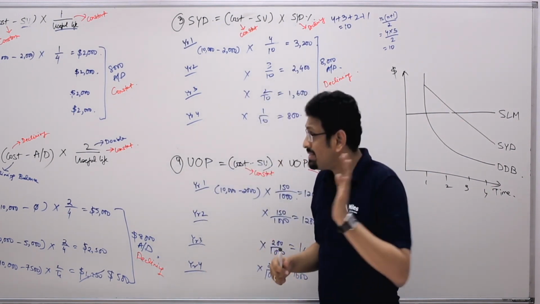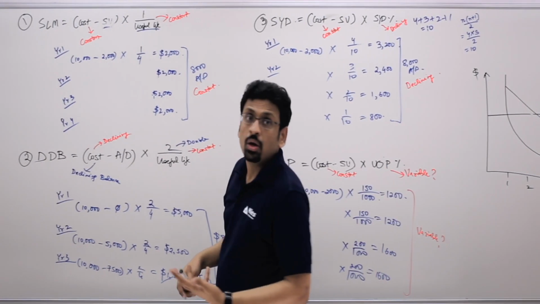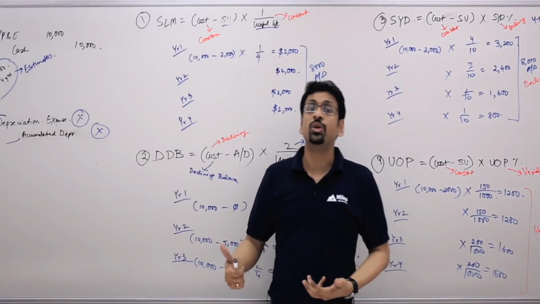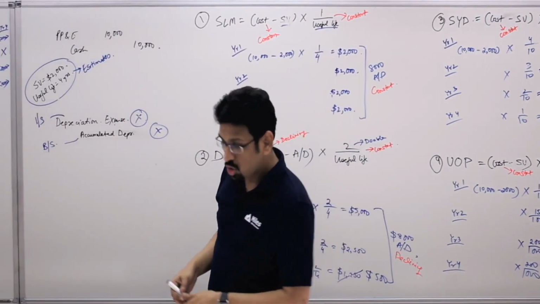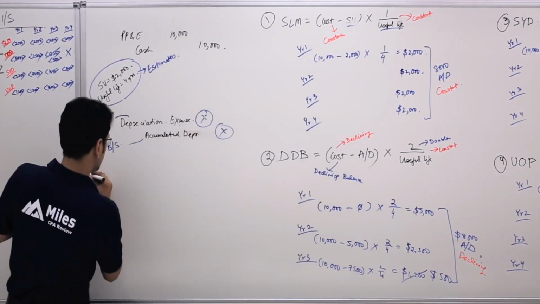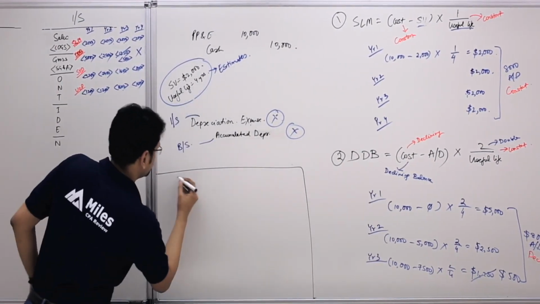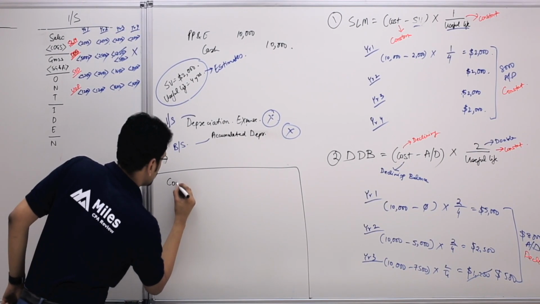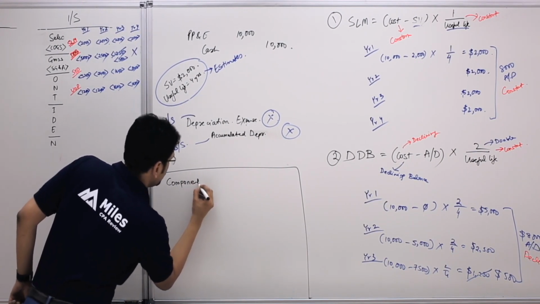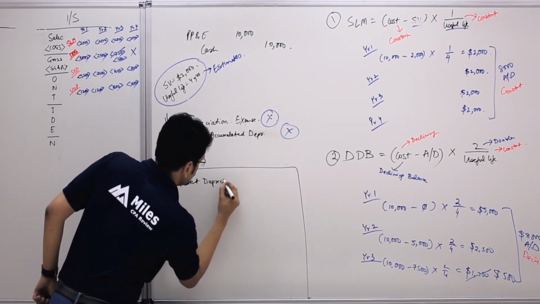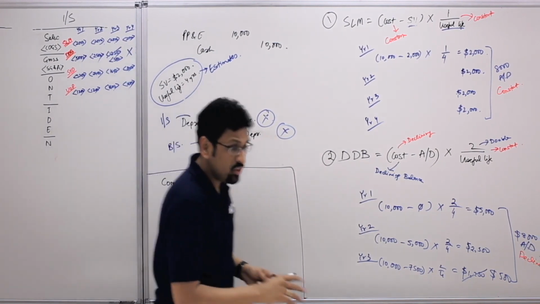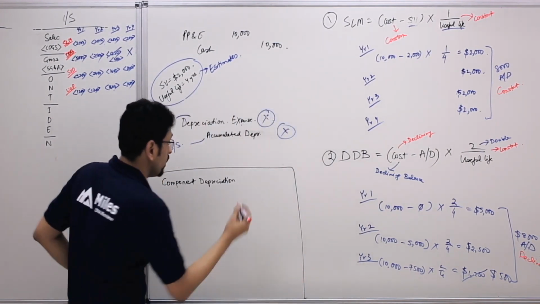Now, let's get back and talk about component depreciation versus composite depreciation. Let me use this part of the board. Component depreciation is required for IFRS.